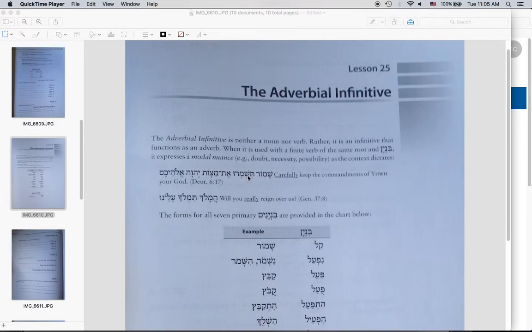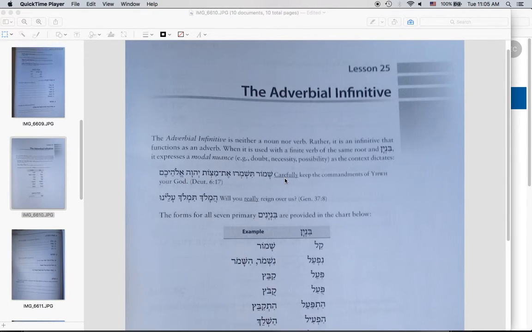If all we had was the imperfect, let's ignore the infinitive for a second, this is saying you all should keep the commandments of the Lord your God. Now we add our adverbial infinitive, and it is telling us strongly to keep the commandments of the Lord your God.